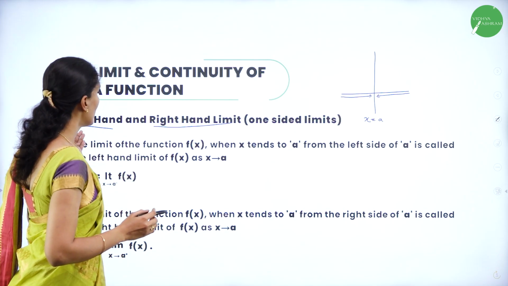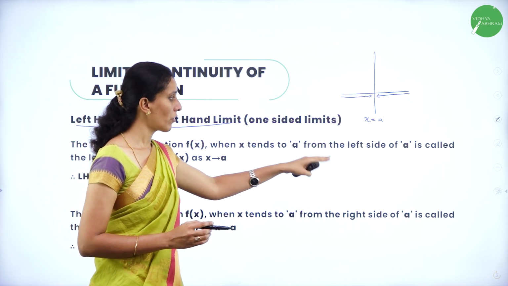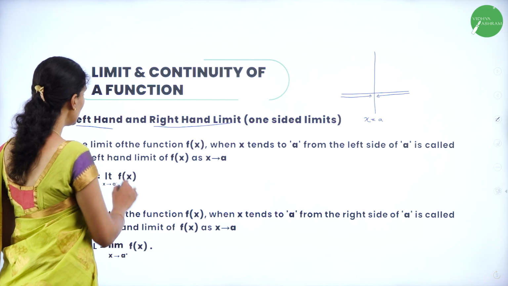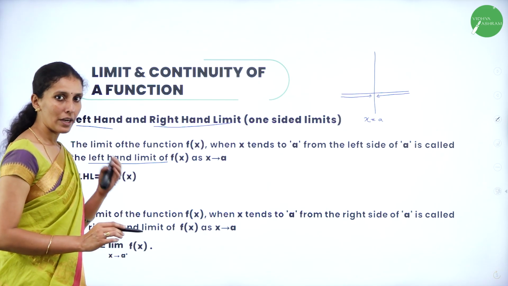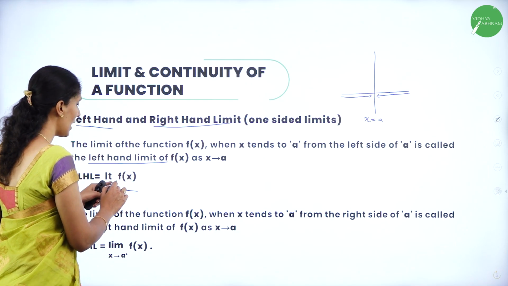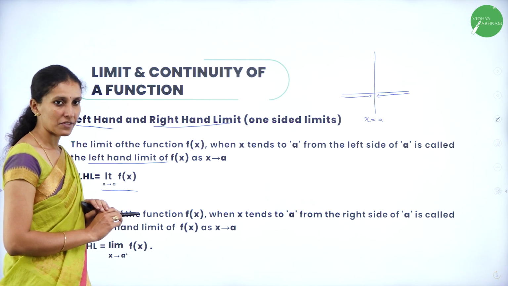So here we have the limit of the function f of x when x tends to a from the left side of a, it is called the left hand limit, and when we write it in the form of a limit, we write it as x tends to a minus. Minus indicates we are approaching a from the left side.